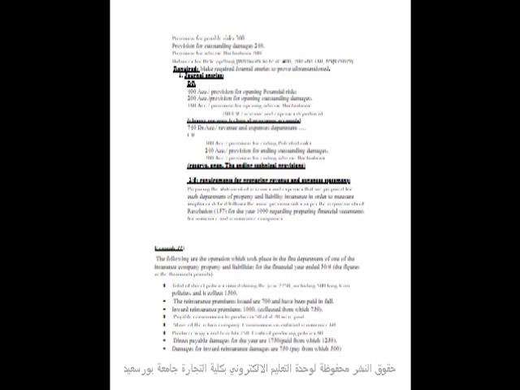Another example. The following are the operations which took place in the fire department of one of the insurance companies for the financial year ending 30 June. The total direct policies issued during the year were 2,250, including 500 long-term policies. This means the remainder accounts for short-term policies. The amount collected of these direct premiums was 1,500.